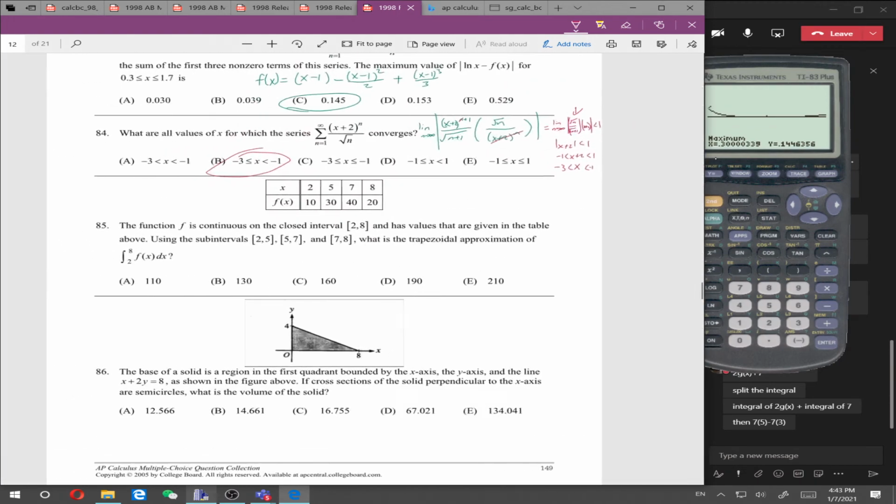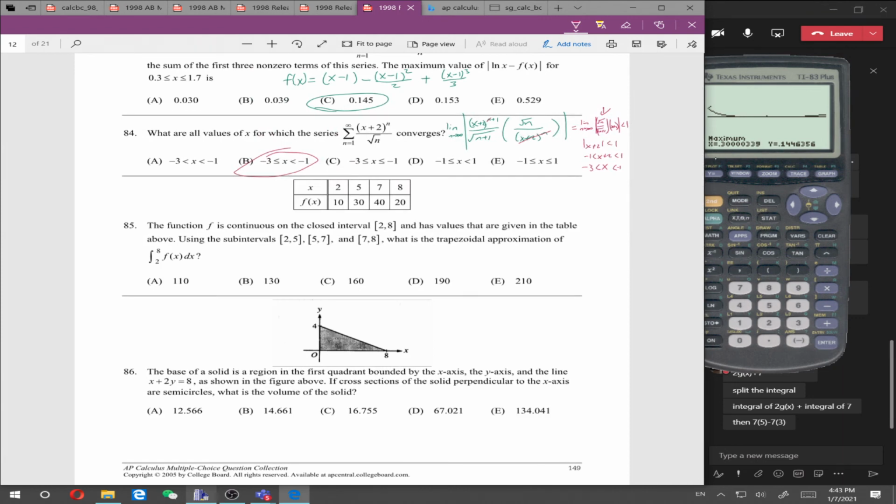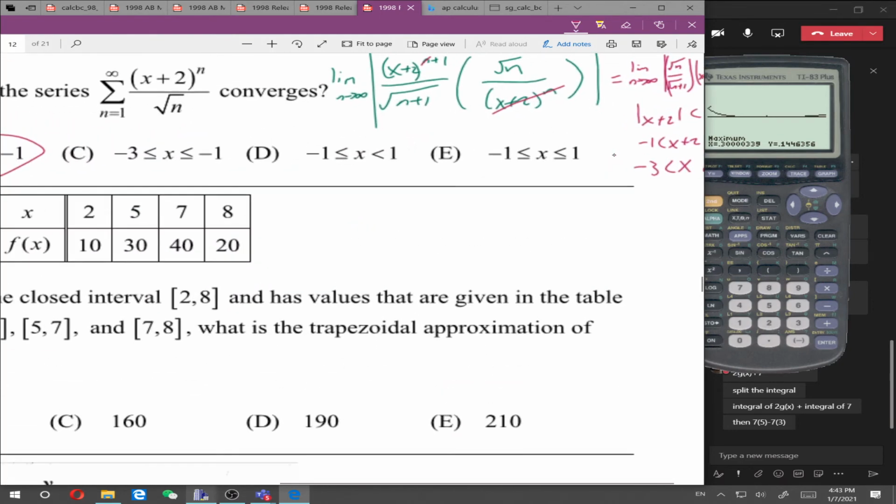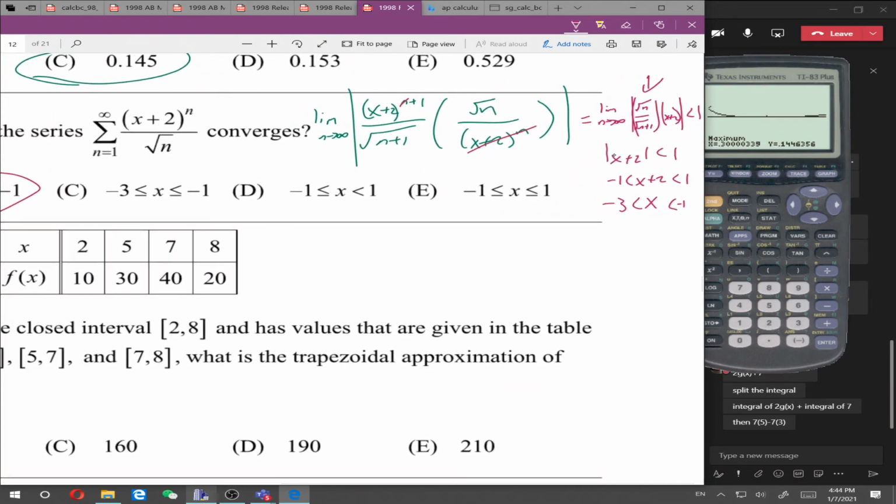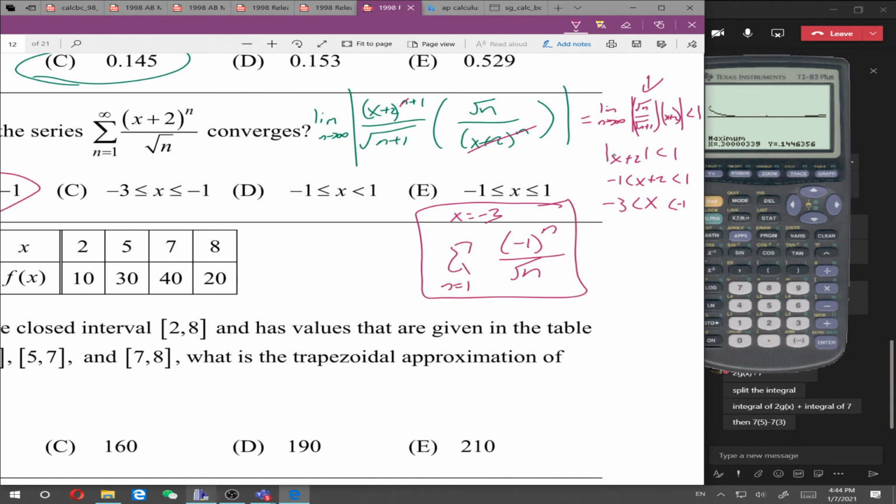Okay, for... Mr. Brandon? Yes. Will it be A, though? Because it's... or is it greater than or equal? I see. So let's go ahead and test these through. So at x equals negative 3, what's going to happen when I plug in? I get this. Will this converge or diverge?